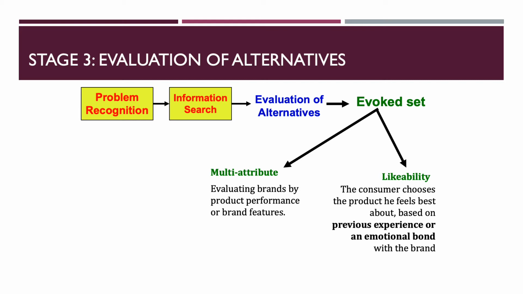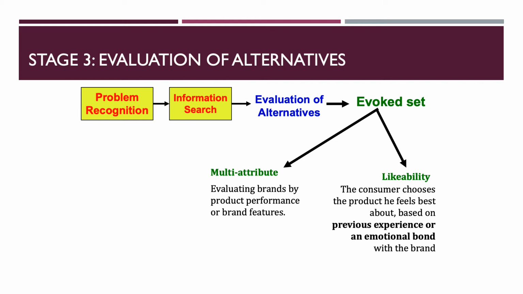We use either a multi-attribute method, evaluating brands by product performance and brand features, which means that in this model we use a weighted average score based on the importance of various attributes and performance on those issues, or we use likability.